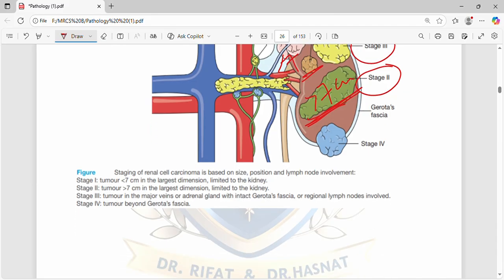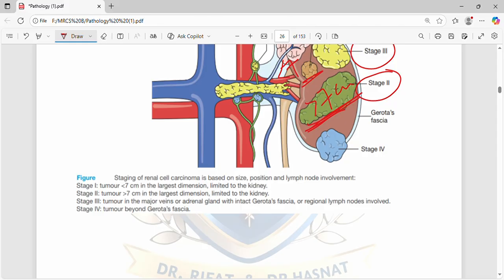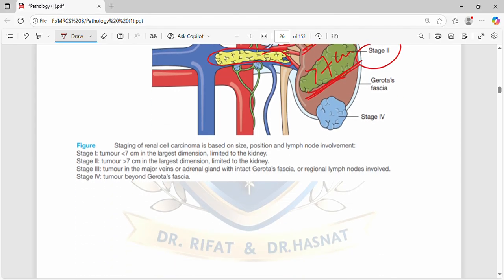Stage 3 is tumor in the major veins, such as the renal vein, or the adrenal gland, with the Gerota fascia intact, or regional lymph nodes involved.